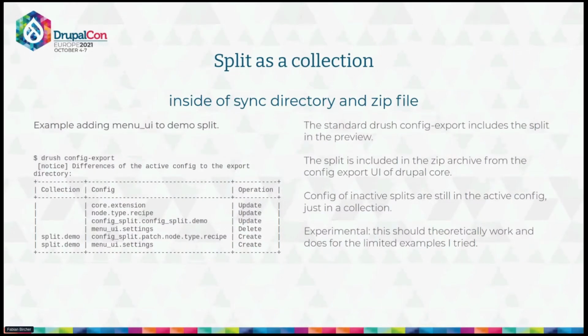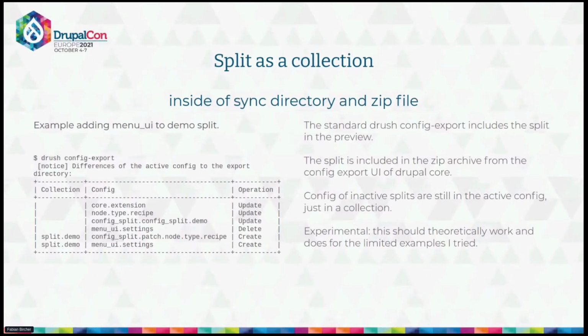The node type recipe gets updated because it has a dependency on menu UI. The config split demo gets updated because I added menu UI. The menu UI settings are deleted because they depend on menu UI, so they get removed.